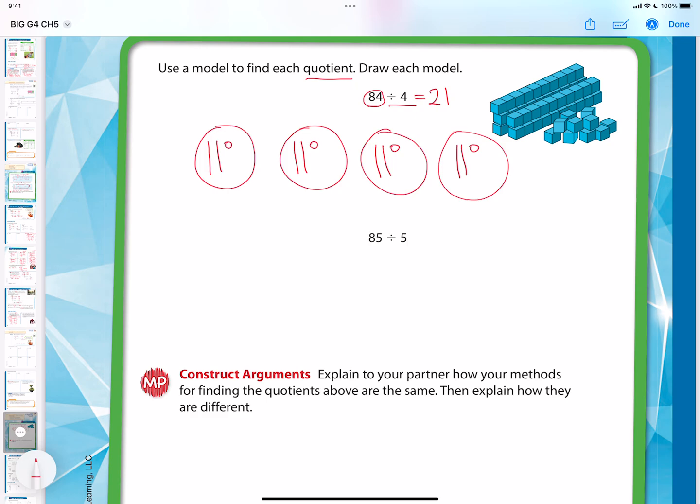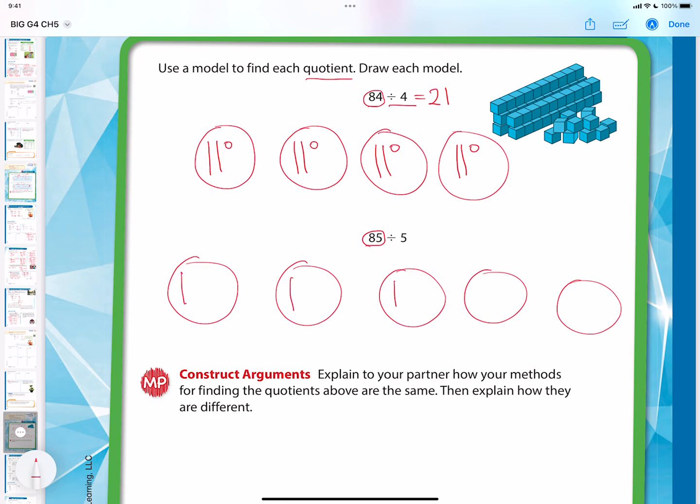Now this time they were asking us to divide 85 by 5. Now I have 5 friends coming over and they want cookies, and I have 85. So let's split this out equally. 1, 2, 3, 4, 5 tens of cookies, which means 50 cookies I gave them.